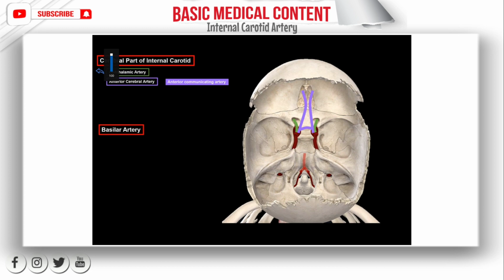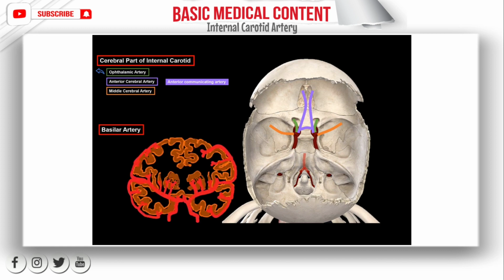Next is the middle cerebral artery. This is a huge artery supplying really most of the brain with blood. Therefore, any blockage here will lead to something called middle cerebral artery syndrome. And this is quite serious because you see here how it supplies many structures in the brain.